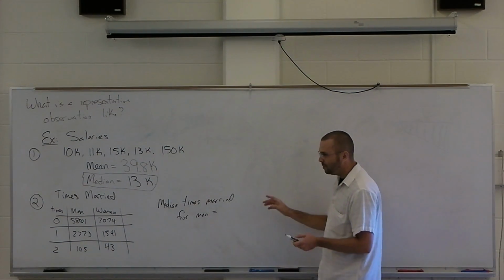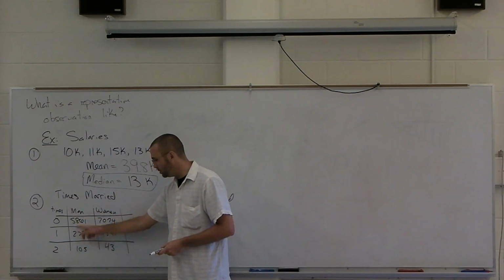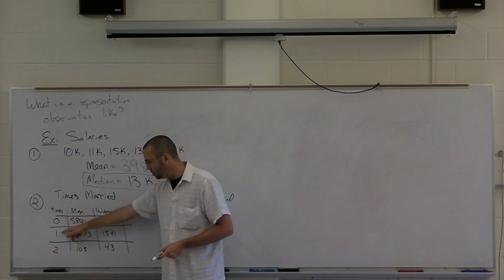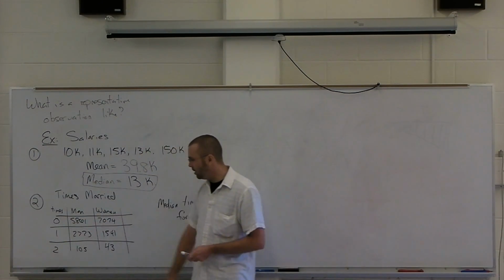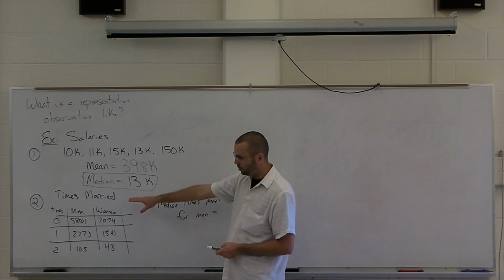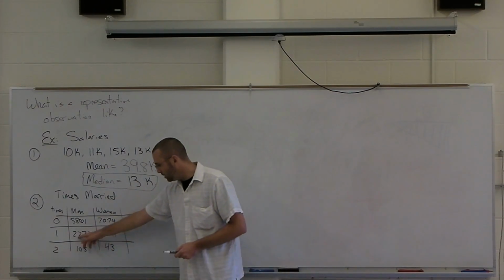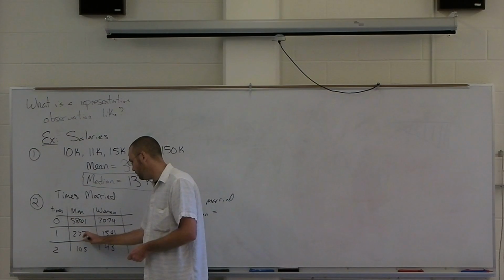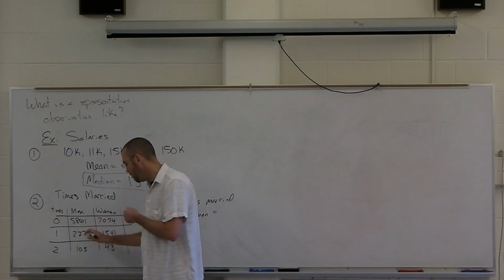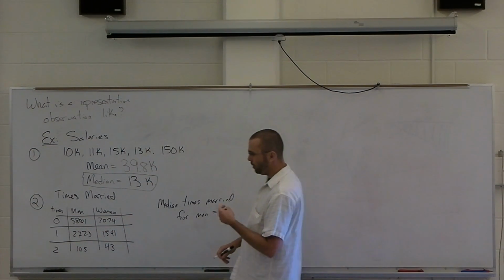Remember each one of these numbers in the left column represents the number of times married. So there are 5,861 men in this sample that were never married, 2,723 men who were married one time, and 105 men who were married 2 times.